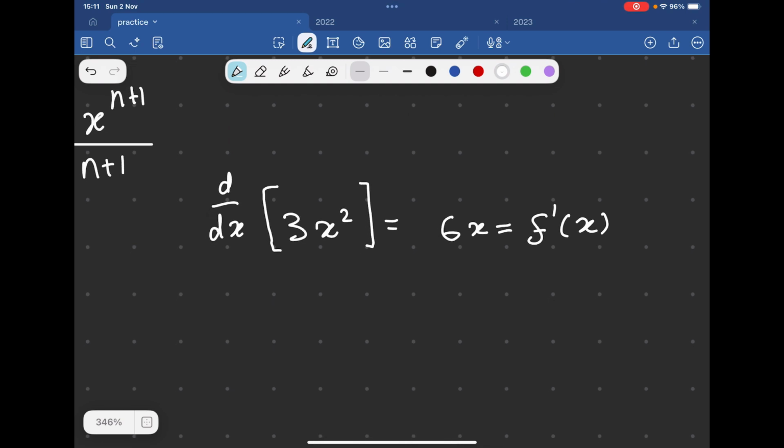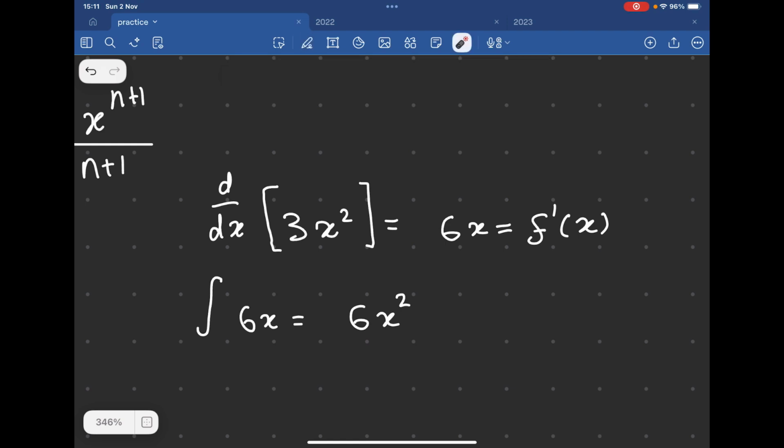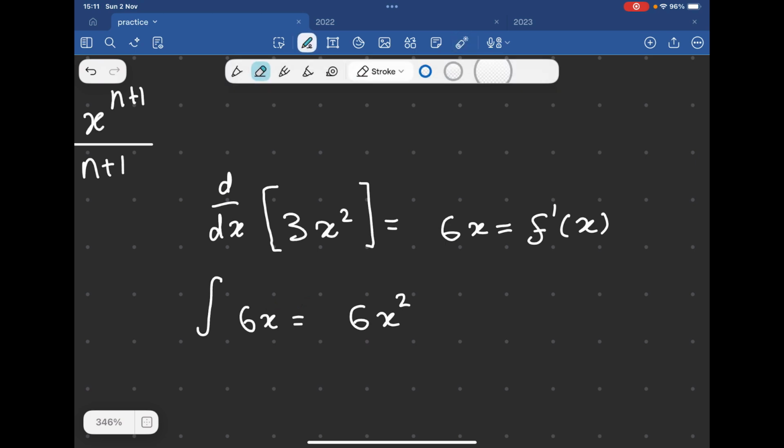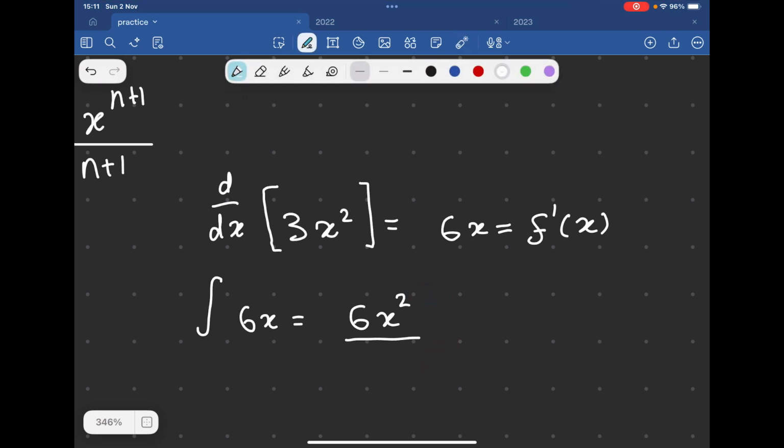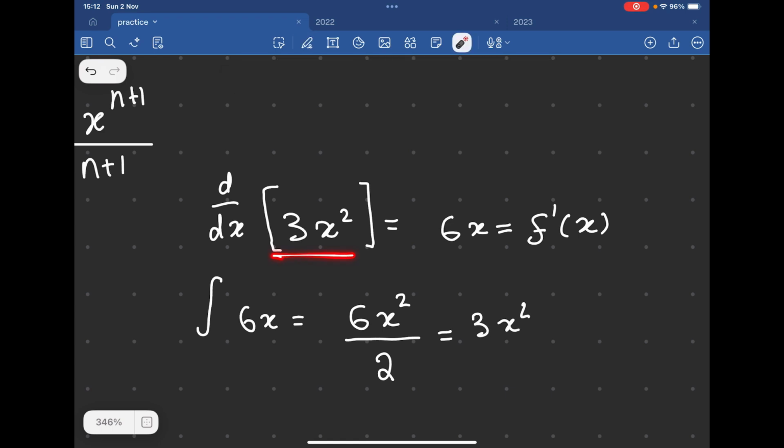If we want to integrate or find the antiderivative of 6x, it would be 6x squared, because we have 1 as the power and we're going to add 1, which is equal to 2. And then we're going to divide by the new power, which is 2, which is equal to 3x squared, which is exactly where we started.